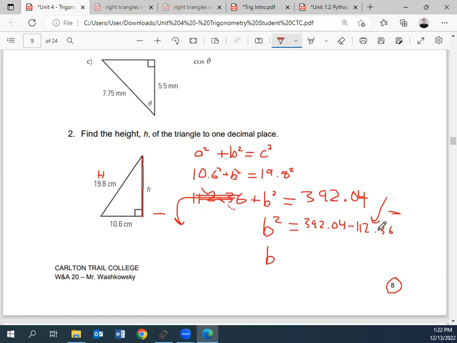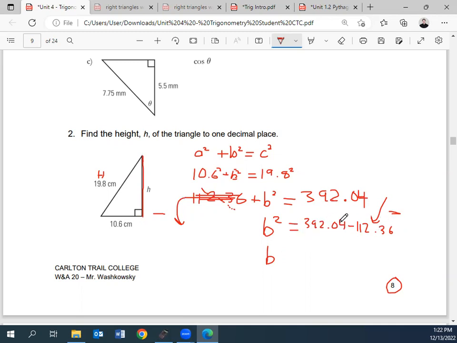If you've ever seen one of those scales before, imagine I had 10 sugar cubes on each side of a scale. If I took away 2 from each side, it's still balanced, isn't it? So harder numbers, but I'm taking away 112.36 sugar cubes from both sides, essentially.